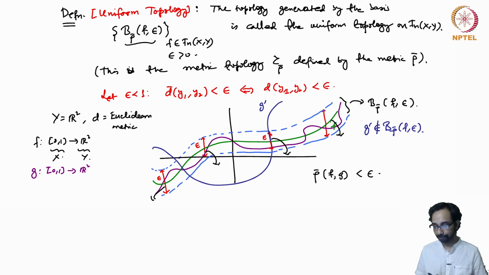So this is a visual interpretation of the uniform topology, and the main theorem of the uniform topology is the so-called uniform limit theorem, and for that we need the concept of uniform convergence of functions. You might have seen this in an analysis course, and here we will use the metrics to define uniform convergence.